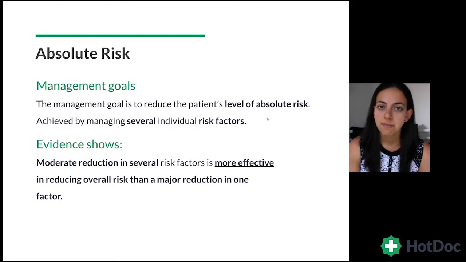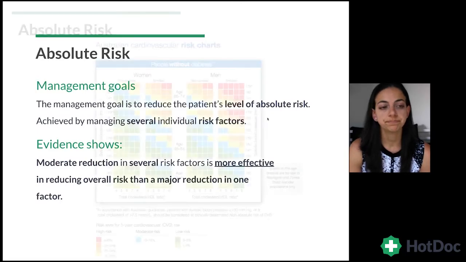So again, the aim of the absolute risk approach is to just have a holistic approach to managing and preventing heart disease, as opposed to just trying to focus individually on just cholesterol or just blood pressure, which is what historically we would have done.